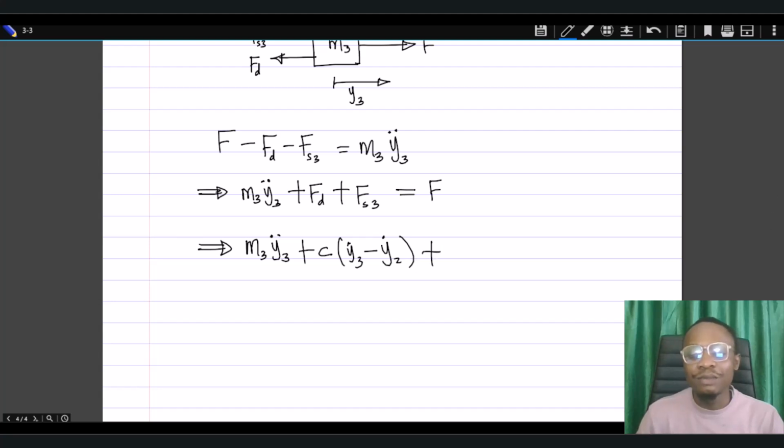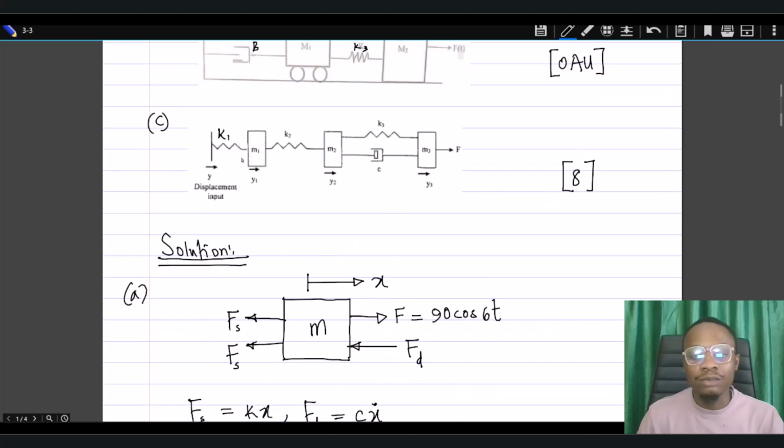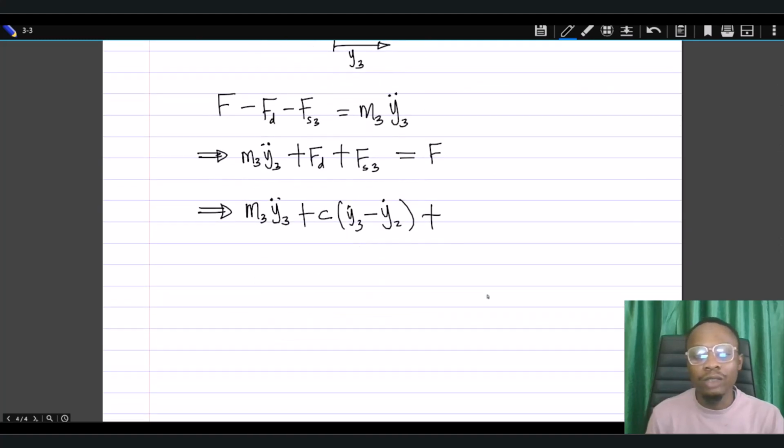Expectedly, that will be k3 into y3 minus y2, because this is between y3 and y2. And we equate this to F.